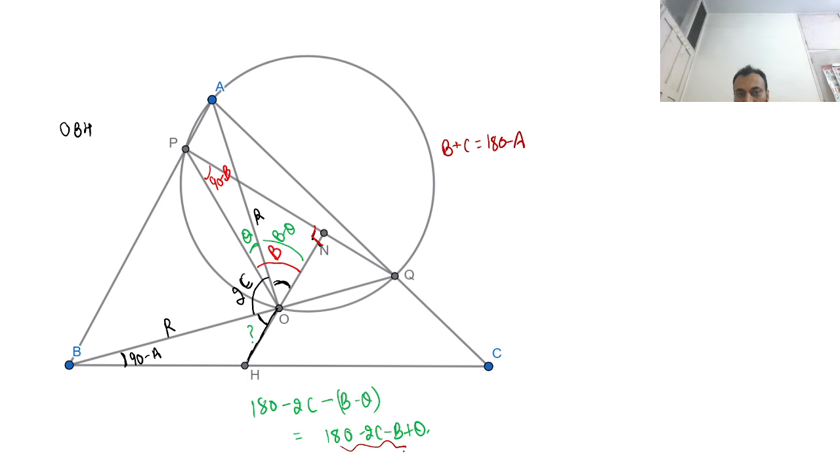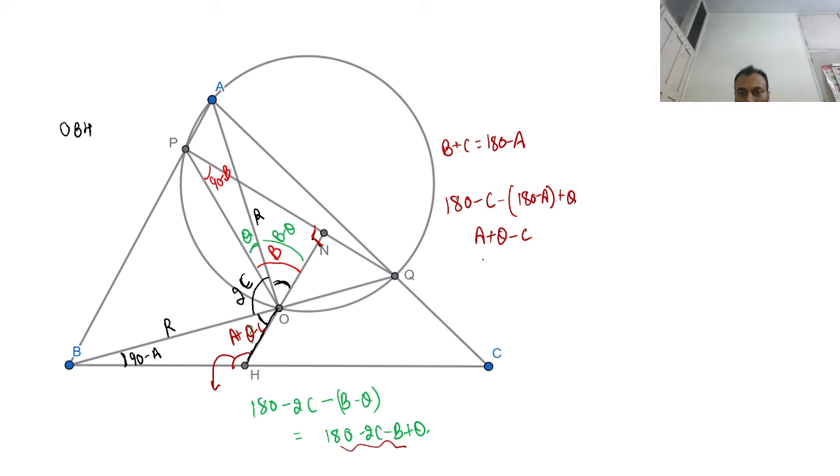If we put in this angle, 180 minus C minus B is 180 minus A plus theta. So 180 will cancel out, and we get A plus theta minus C. So this angle is A plus theta minus C, and this angle is again 180 minus these two angles.